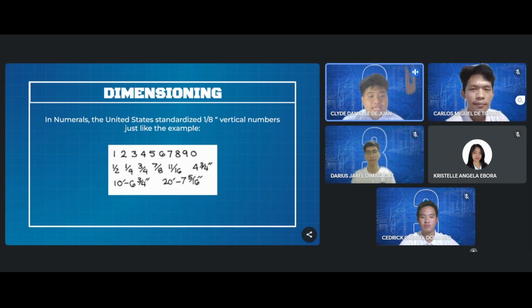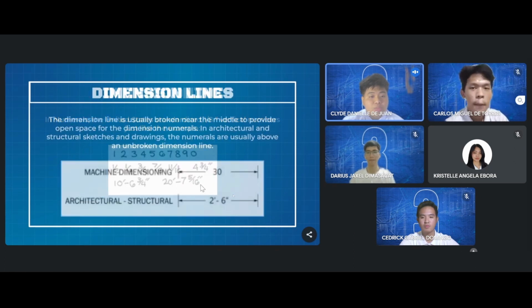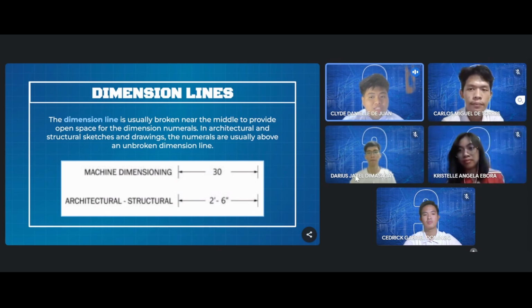Part of dimensioning is drawing dimension lines to indicate which part of the figure the dimension is referring to. The dimension line is typically divided near the middle to create a gap for the dimension numbers. These numbers are often placed above the dimension line, ensuring clarity and readability in the blueprint, as shown in the picture in this slide.